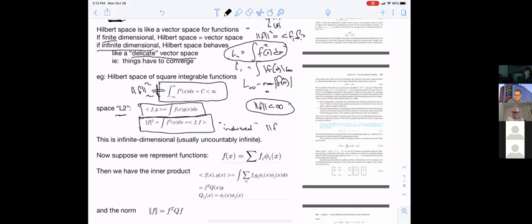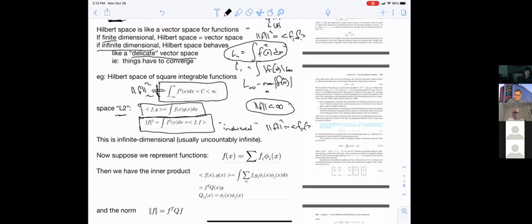We just define the square of the norm to be the inner product of f with itself. So given an inner product on functions, you can create a Hilbert space by using the induced norm as the norm of that space. These spaces are a collection of a set of functions that you define, plus a norm on those, plus an inner product on those functions, plus the induced norm.